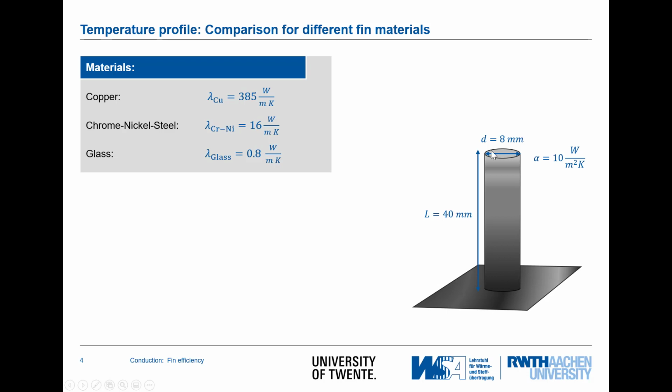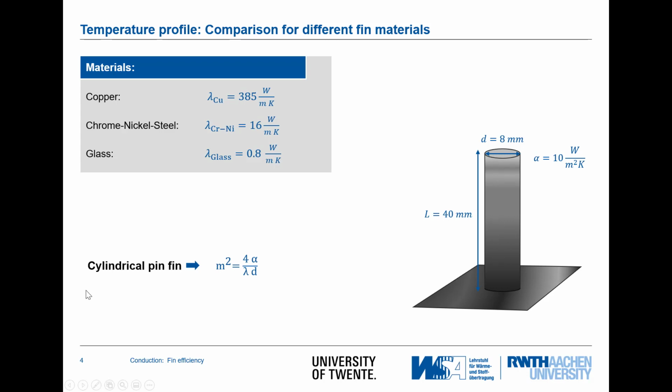We assume a height of the fin of 4 centimeters, a diameter of 8 millimeters, and let's assume a heat transfer coefficient between the surface of the fin and the environment of alpha equal to 10 watt per meter square Kelvin. What can we do now with this set of information? We can of course look at the type of fin.